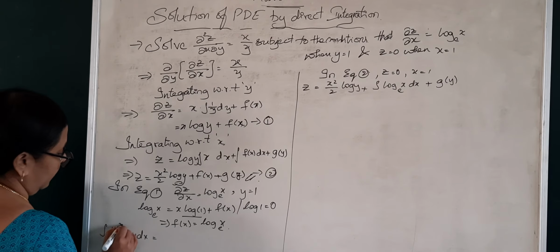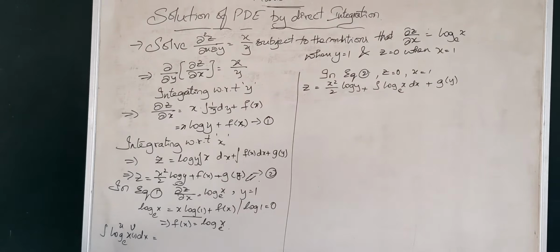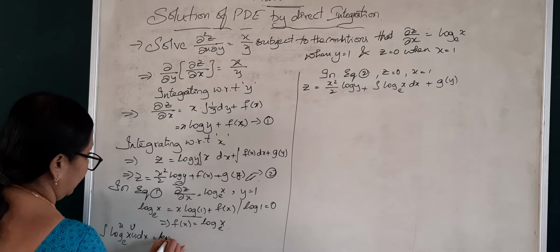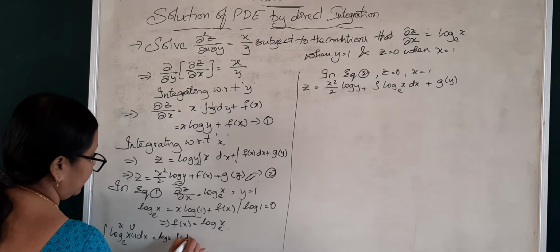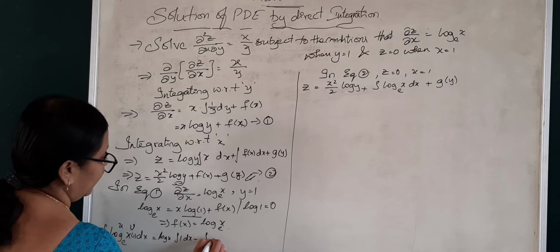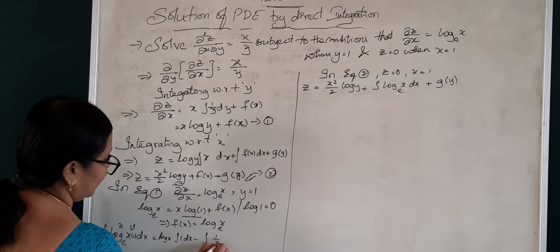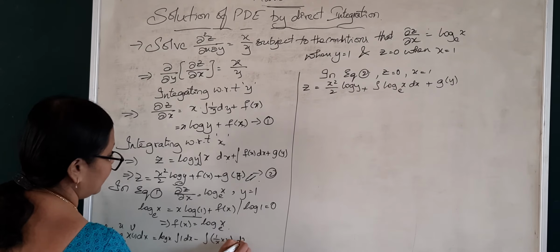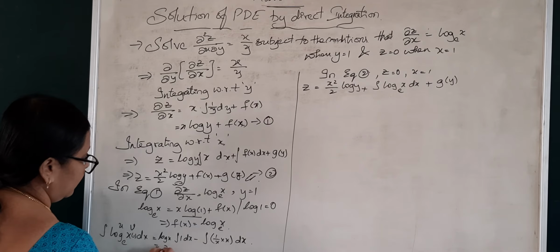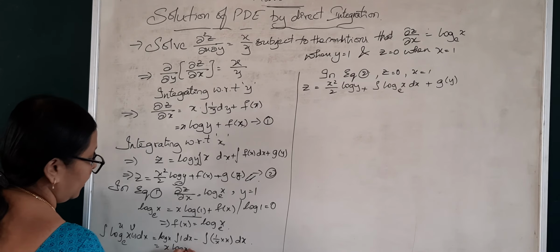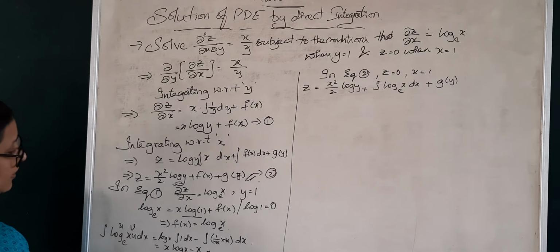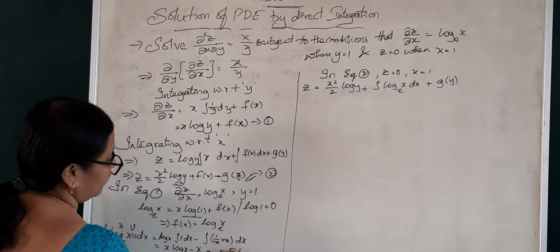Apply the product rule, that is the integration by parts rule. So first function log x as it is into integral of 1 dx minus integral of derivative of log x, which is 1 by x, into integral of 1 dx, which is x, dx. So simplifying, this is going to be x log x minus, here x gets cut, integral 1 dx is x. So this is our capital F of x.